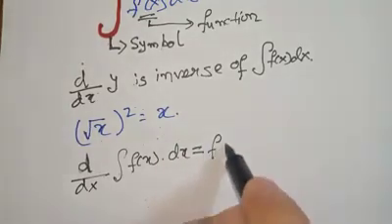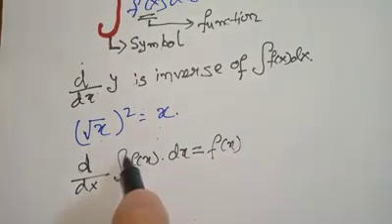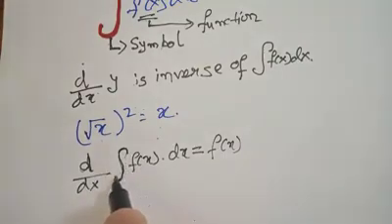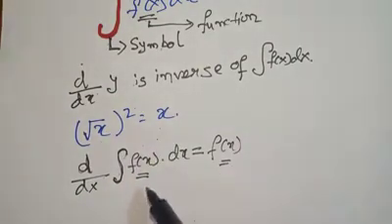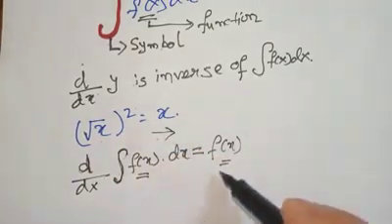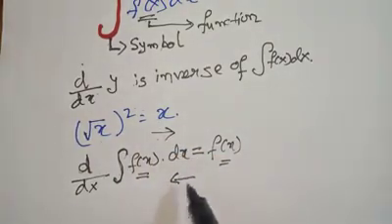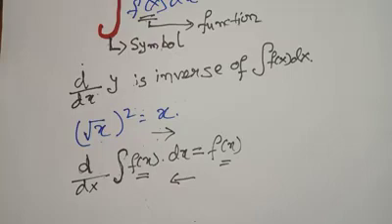The result would be f of x, right? So the basic idea is that if it is going in this way, it is also coming in this direction. So differentiation is exactly the inverse of integration. Given the rules, they are basically inverse operations.